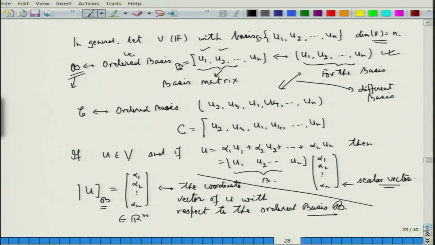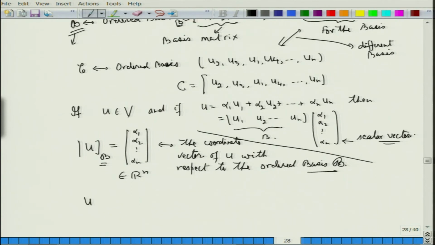Similarly, if I want to look at u with respect to C, all right, C is an ordered basis. So, if I want to look with respect to C, what I am supposed to do is, C had u2, u3 and u1 with me. So, what is the component of u2? In this expression, the component of u2 is alpha 2. So, alpha 2 will come first. Then it is u3. So, what is the component of u3? It is alpha 3.